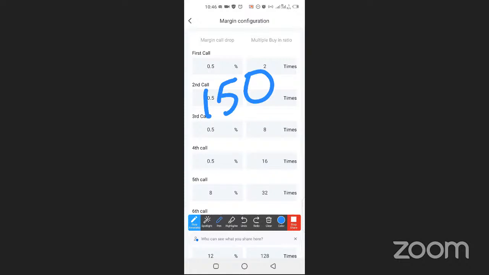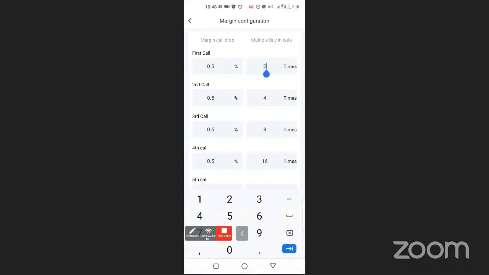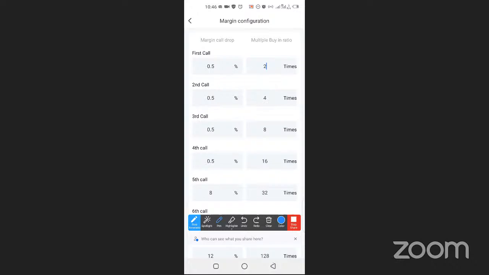I'll use $50. So the number of times, I want my robot to buy 7 times. But I have a capital of $50, and the minimum amount of first buy is 10.